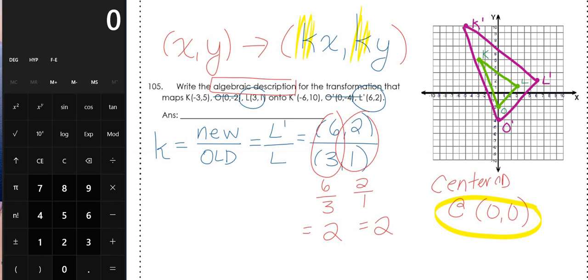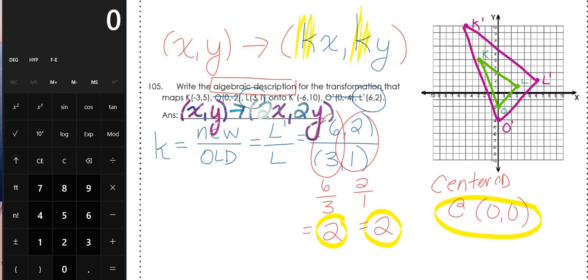So my final answer is going to use these 2's as my K values. So final answer, XY becomes 2 times the x value, 2 times the y value. All dilations require multiplication. So if you see in the future that you have a rule, an algebraic description that shows you multiplication, that means a dilation happened.